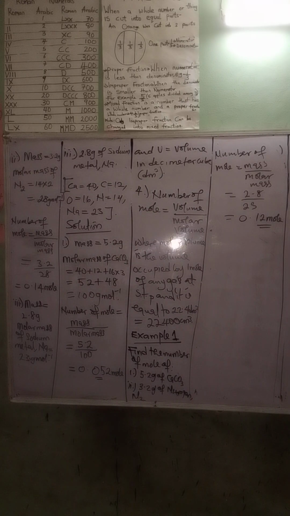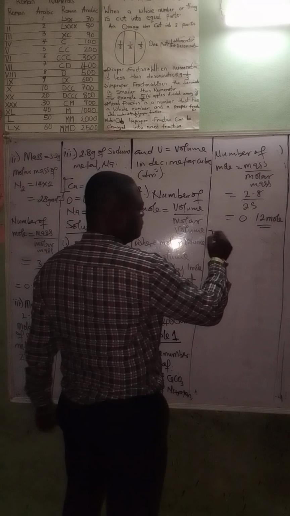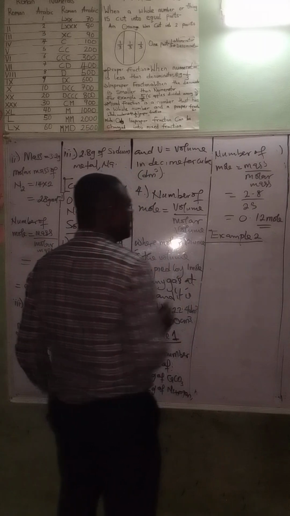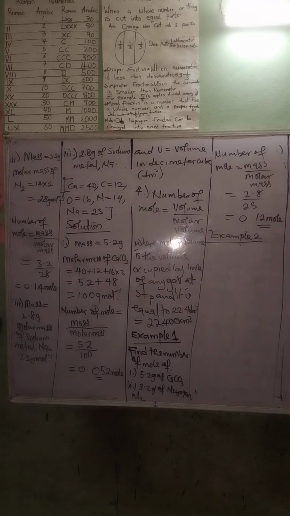Then let's look at another question, example 2, where we are going to be using another formula of number of moles. We have used number of mole equals to mass over molar mass. We still have number of mole equals to CV over 1000.